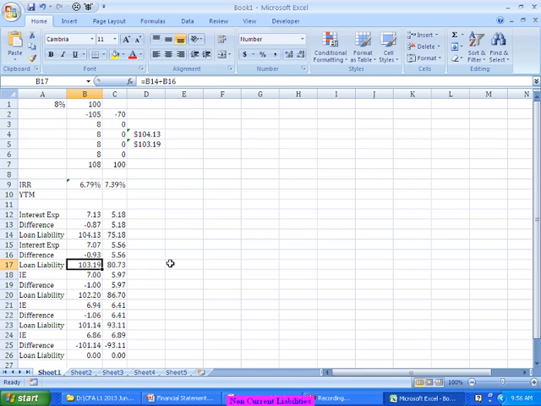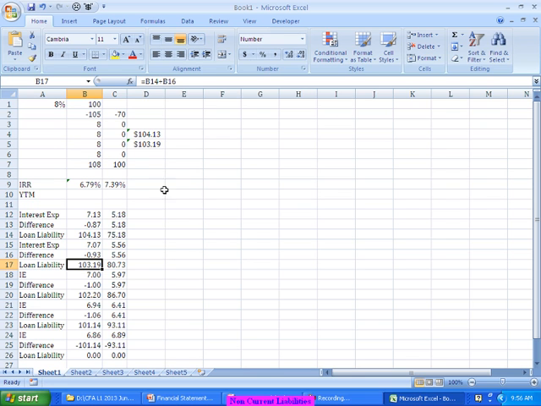So whenever I want to find out the outstanding loan liability directly, I can find out the present value of all the future cash flows discounted at IRR, the yield to maturity of the bond.